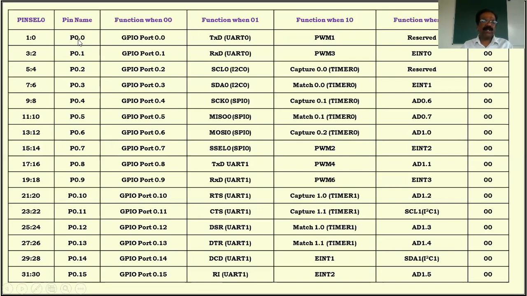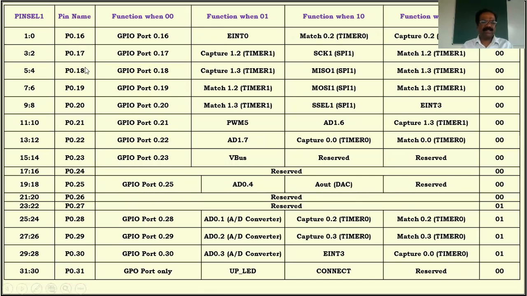Port 0 has totally 32 pins, 32 lines: P0.0 to P0.15 and P0.16 to P0.31. All these lines come under port 0.